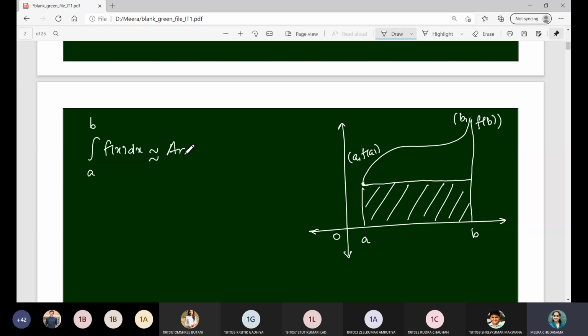And what is the area of this rectangle? Here this point is f of a, so the y value goes from 0 to f of a, so f of a is the height, and this is the breadth, the length of the interval b minus a. So it is given by f of a into b minus a.